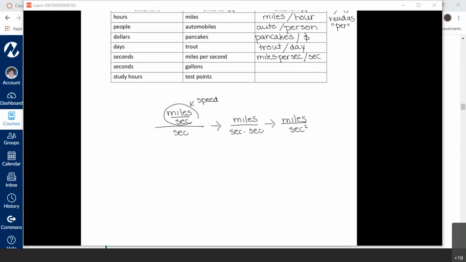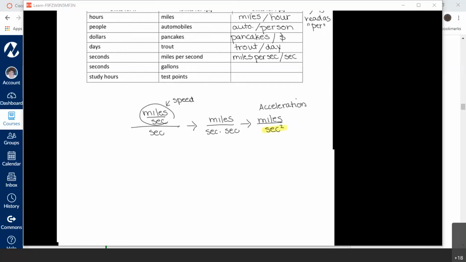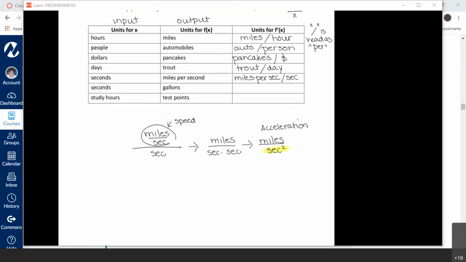But again, the rate of change of speed or velocity per unit time is called acceleration, and that's measured in these units. So it can be miles per second squared, meters per second squared, or feet per second squared. The trick is when you see that second squared in the bottom, it's a giveaway that you've got an acceleration quantity. So in some cases, the units can actually help you solve the problem, if you recognize them for what they are.